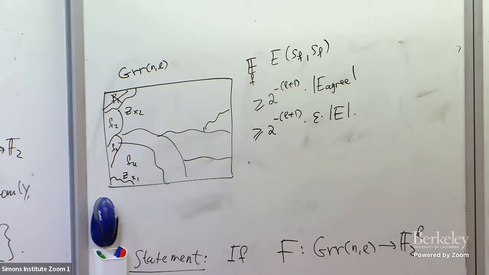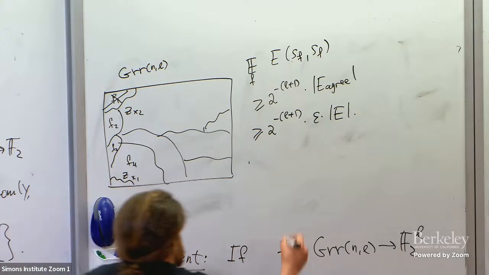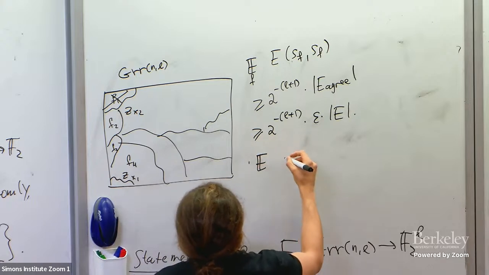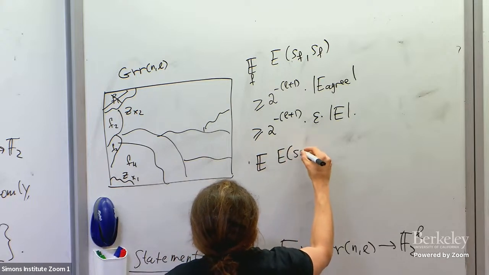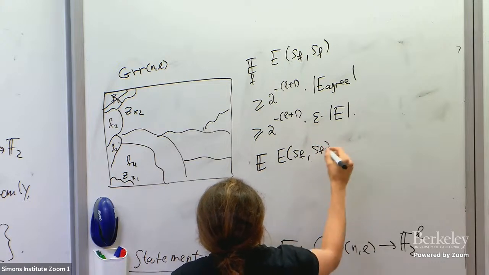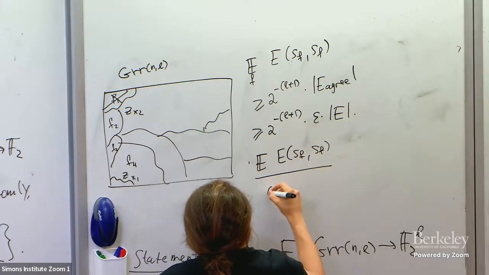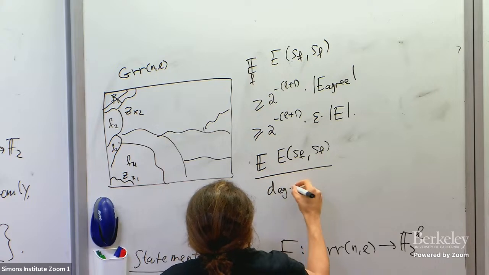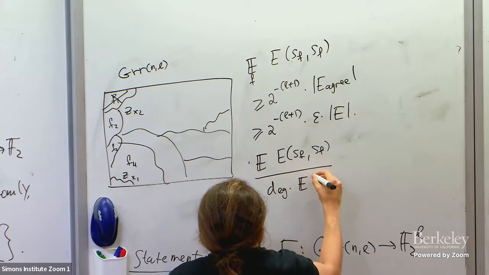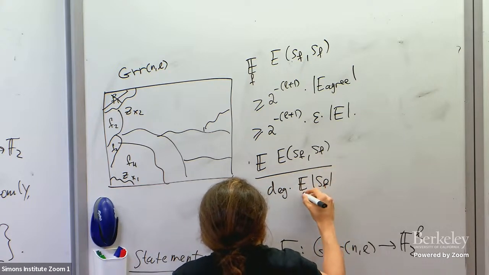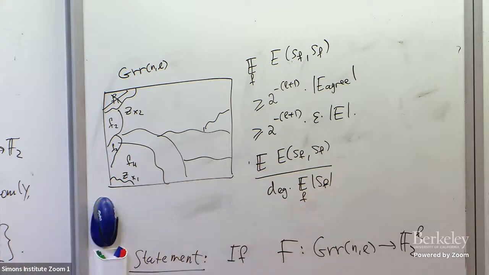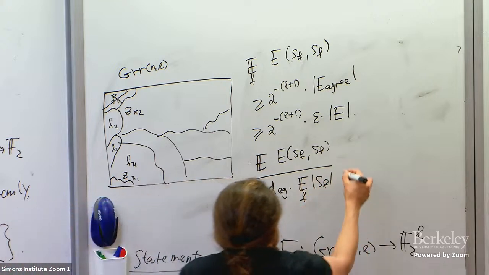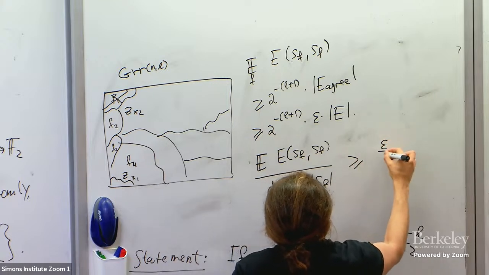Now we look at the expected number of edges that stay inside, divided by d, the degree, times the expected size of SF. I plug in all of these calculations, and I see that this ratio is at least epsilon over 2.